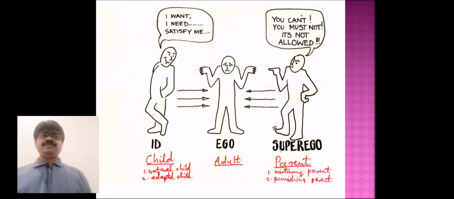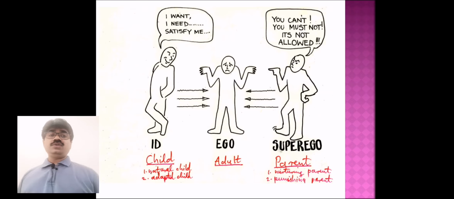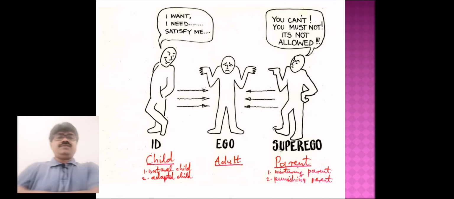Then he says there is something called the parent ego, which is almost similar to the superego proposed by Sigmund Freud. He says there are two types of parent ego, the nurturing parent and the punishing parent. Usually we have a state of ego where we say you can't do that, you must not do that, it's not allowed, you're not supposed to do that kind of behavior.